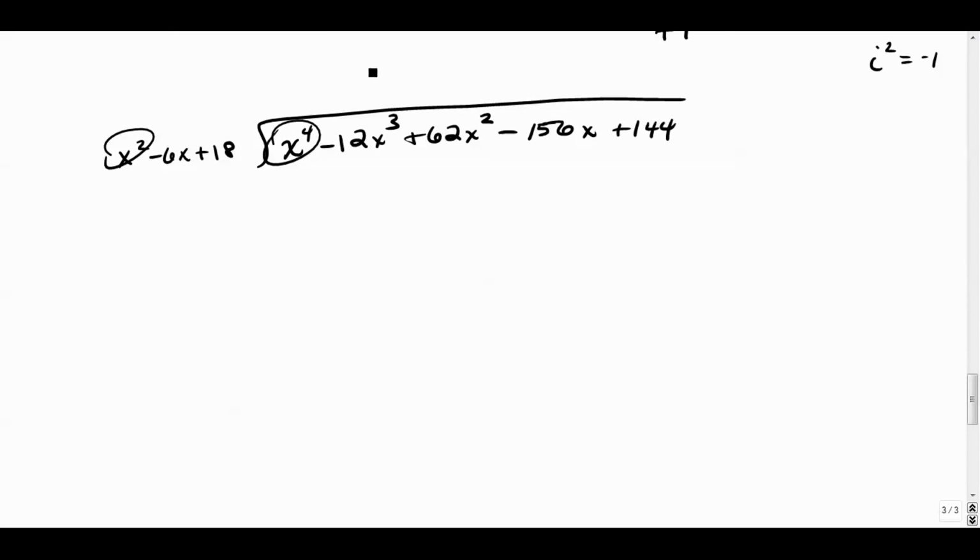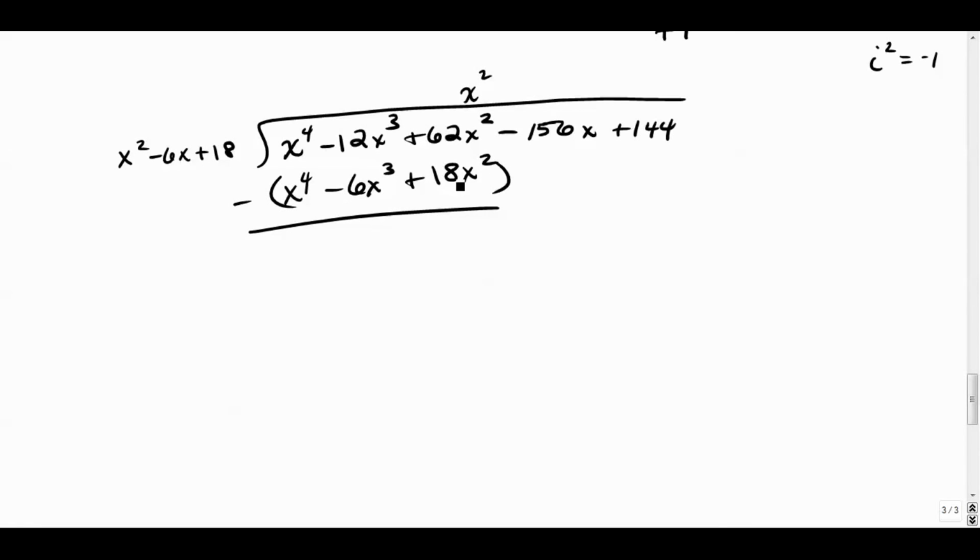X squared goes into x to the fourth, x squared times, so put it right here. Multiply back down. I'll go a little bit faster here. Subtract the whole thing in parentheses. These cancel. We get negative 12x cubed plus 6x cubed is negative 6x cubed. 62 minus 18 is 44. Bring this down. X squared goes into negative 6x cubed, negative 6x times. Multiply back down.